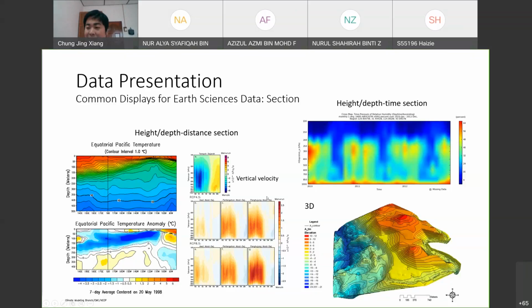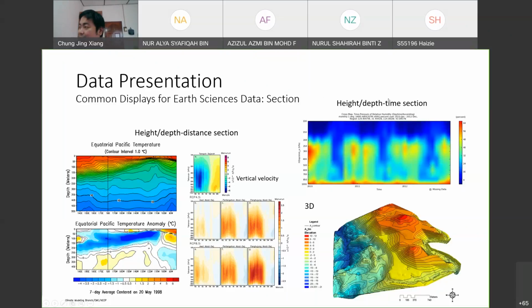This is called a section. In this section, let's say you have a vertical profile. This is depth, and at different latitude, longitude. Meaning you have many vertical profiles at many different points. Another example is a height or depth time section.